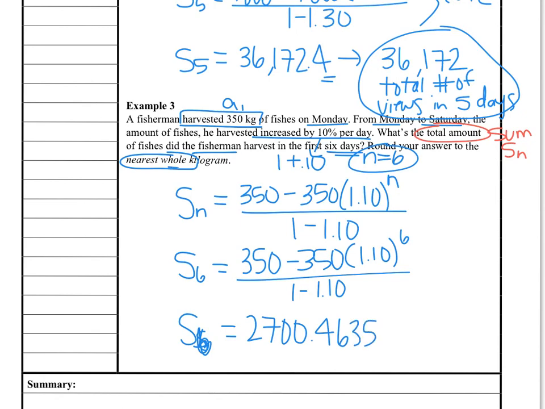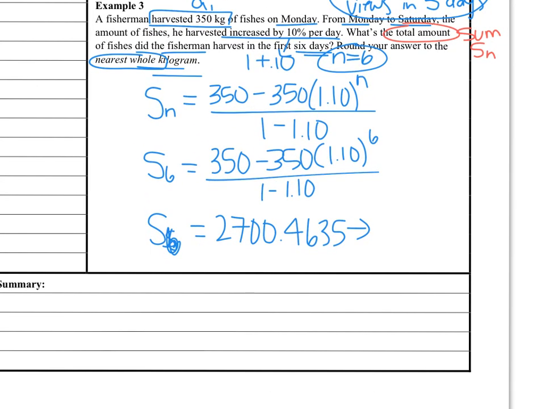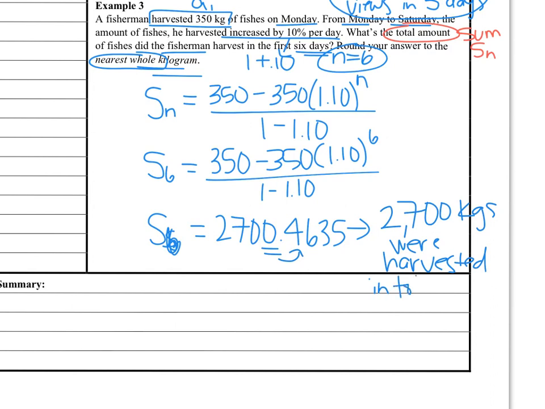All right, so the nearest whole kilogram, we need to round this, and we're going to round, let's see, so 2700 is going to be kept the same because the 4 is less than 5, so we get 2,700 kilograms were harvested in total over 6 days. Okay, so just make sure you know that that's the total, not on the 6th day.